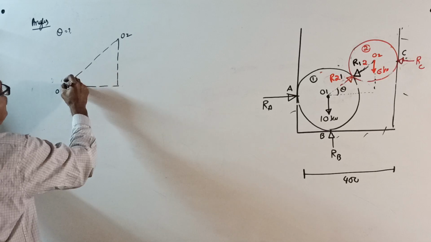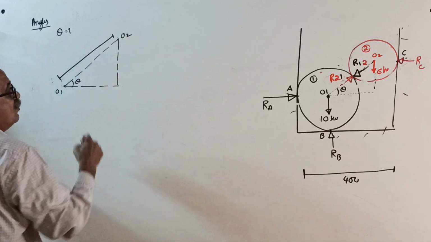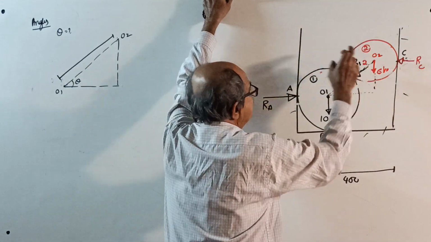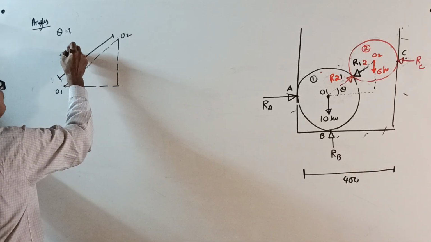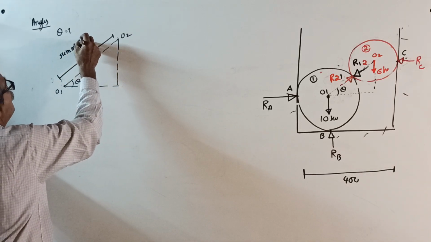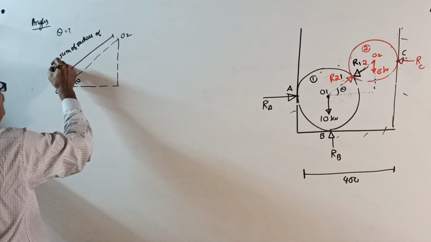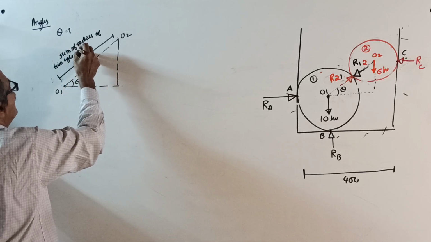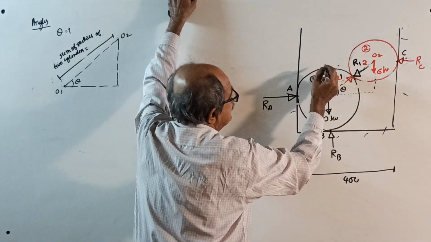Now, think a little. This is a radius, this is a radius. Therefore, this is the sum of the radii of the two cylinders, equal to... This diameter is how much?